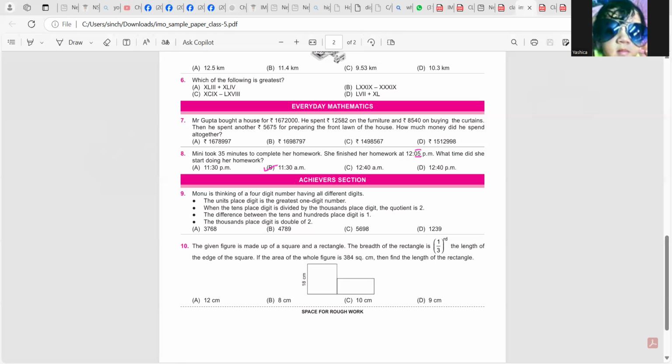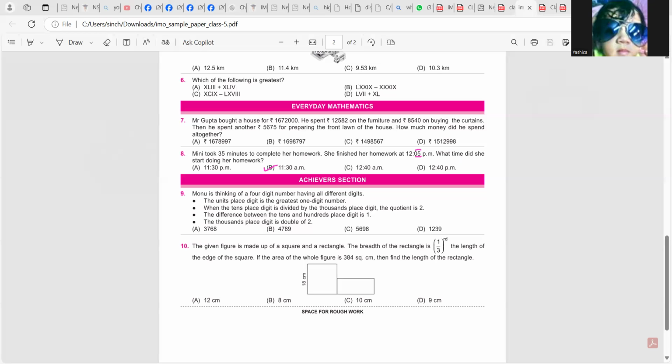So we can subtract that 5 minutes and subtract 5 minutes from here. So it will be 30 minutes left and it will be 12 p.m.